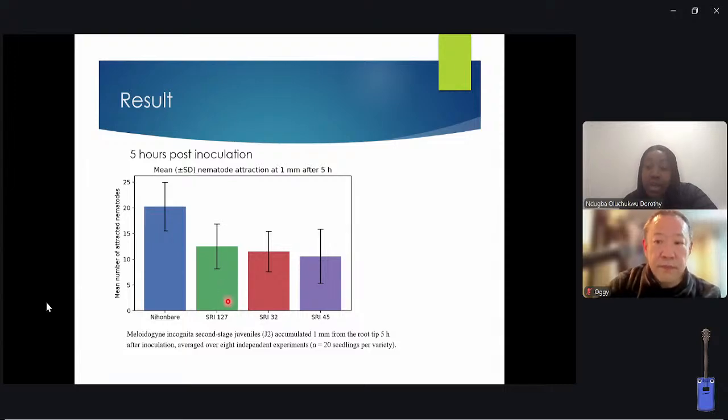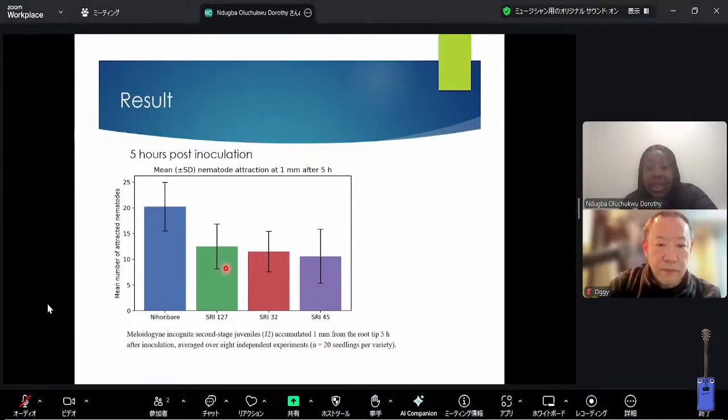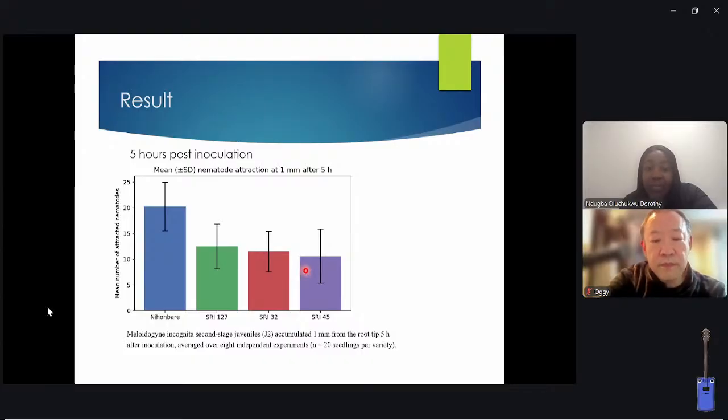Then in SRI 127, we got around 13 nematodes, in SRI 32 we had 11, and in SRI 45 we had 10. So this simply means that the nematodes were all attracted to the roots during the 5 hours post-inoculation.